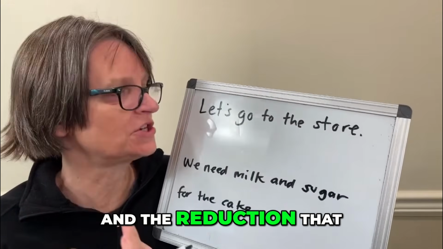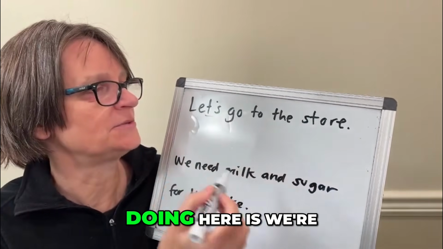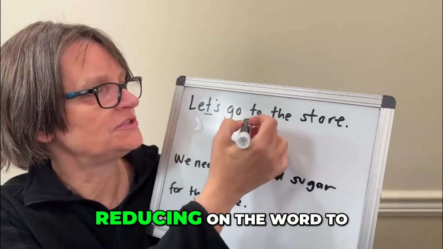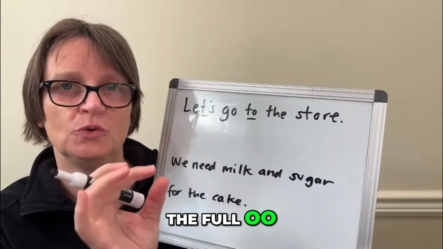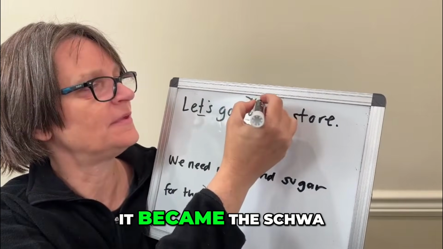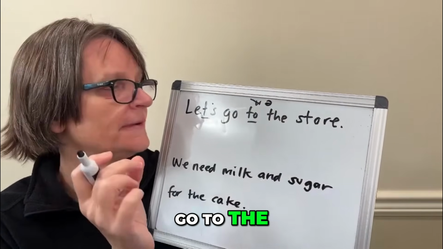And the reduction that we're doing here, so we are contracting "let" and "us", the reduction that we're doing here is we're reducing on the word "to." So I didn't use the full "oo" sound, it became the schwa, the unreduced sound, "tuh." Let's go to the store.